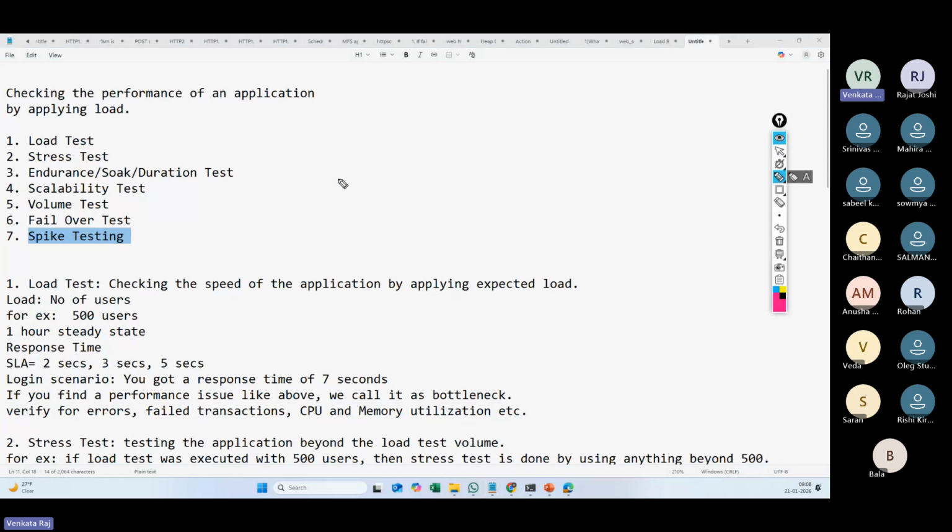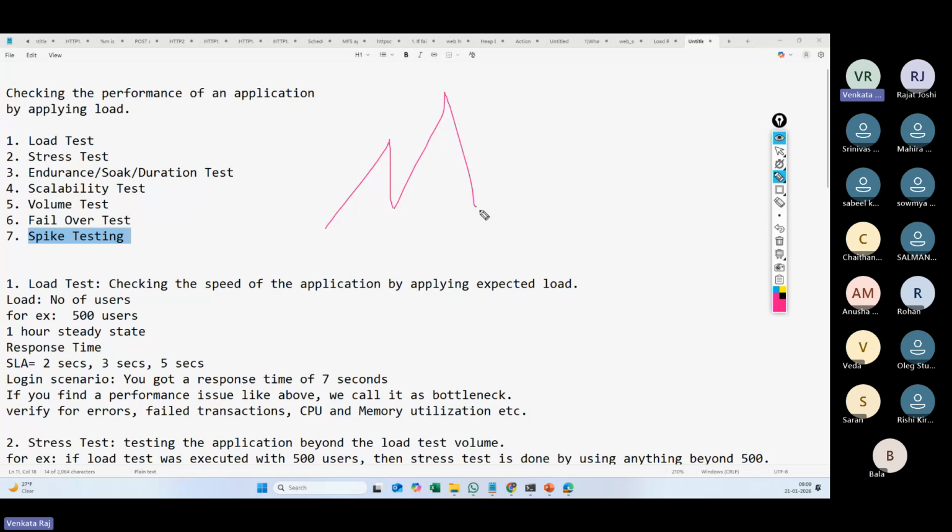For example, we suddenly add 100 users and see how the application responds, then suddenly drop those 100 users, again suddenly increase to 200 users, and suddenly drop those. How does our application manage the sudden spike when users access it suddenly, and how does it behave?